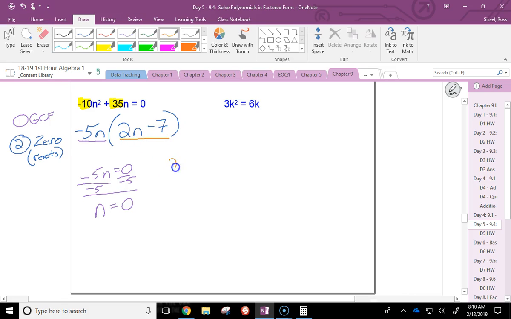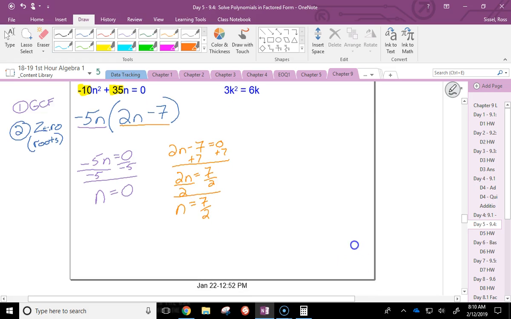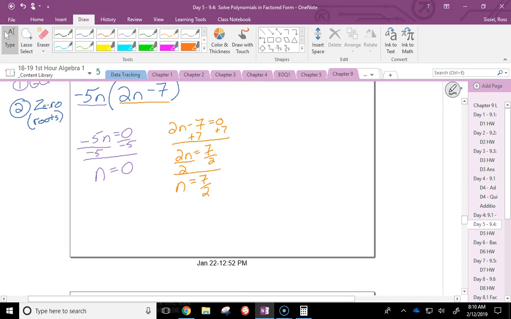We're going to take our 2n minus 7, and I'm going to add 7 to both. 2n equals 7, and you divide by 2. N equals 7 halves. So that will be what our answer is. Our answer is either going to be n equals 0 or 7 halves.